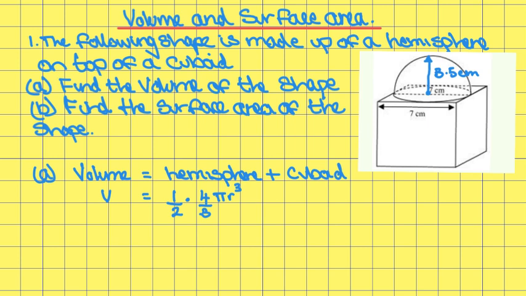That's the hemisphere plus the cuboid. The cuboid is actually a cube because all the sides are 7 centimeters, so that is 7 cubed. So the volume is equal to 1/2 times 4/3 pi 7 cubed plus 7 cubed.